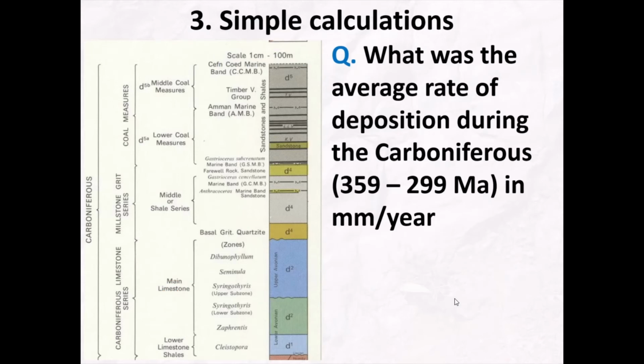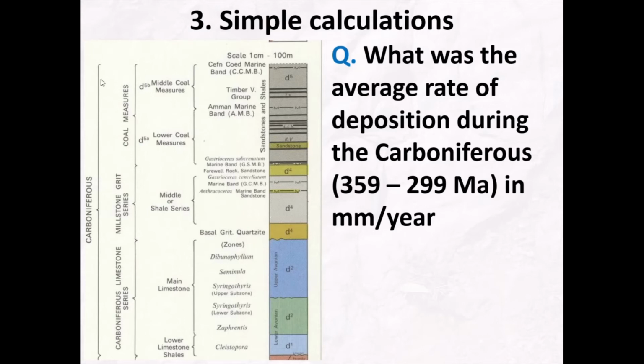To something slightly more complex, like if we were to be asked what's the average rate of deposition during the Carboniferous, which is from 359 to 299 million years, in millimeters per year in our area.